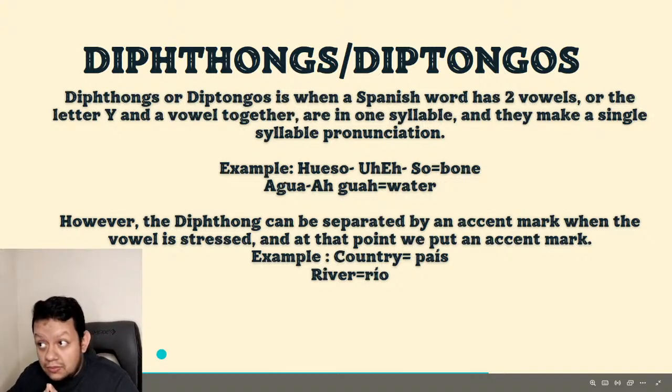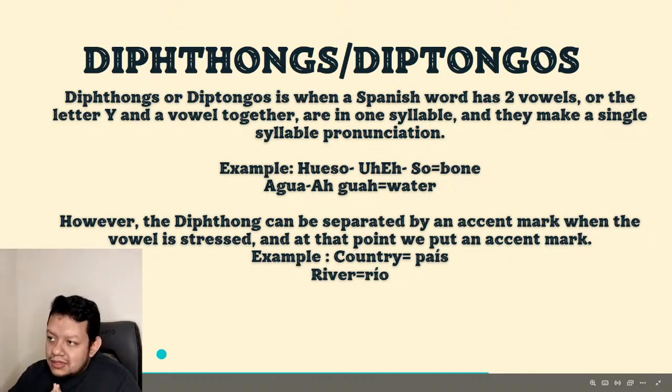This is a diptongo, or diphthong in English. I don't know why they call it this, but diptongo. And this is where you have a u and then an e, and they almost sound together as one. Instead of saying eso, you say hueso. Instead of saying agua, you say agua.